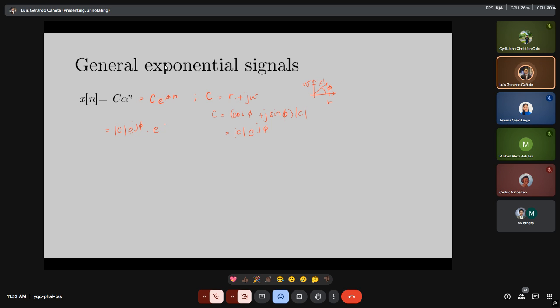e, and then we should be able to break this down. Instead of being beta times n, because beta is also a complex number, beta is going to have a real part added with an imaginary part, which let's call r and omega, so that it's easier to keep track.